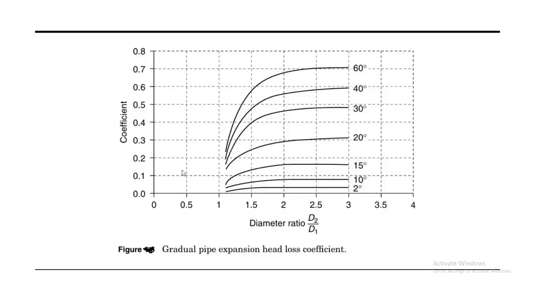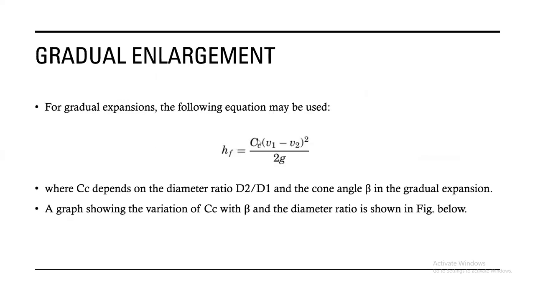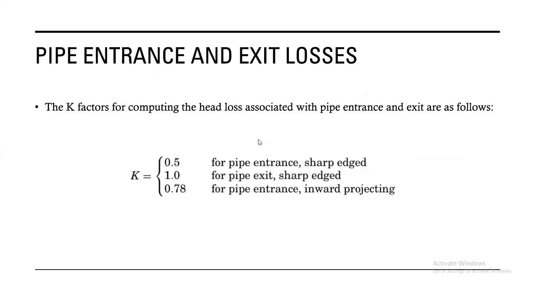So for the CC, we use this gradual pipe expansion head loss coefficient table. For example, if your diameter ratio is 2 and the angle is 20 degrees, then your coefficient is 0.3. That's the CC you use here. Pipe entrance and exit losses. The K factors for computing the head losses associated with pipe entrance and exit are as follows.